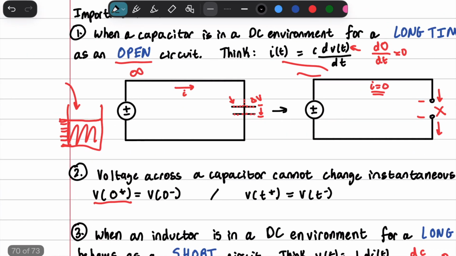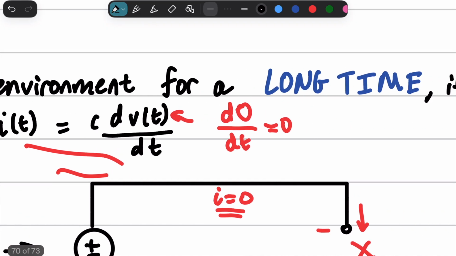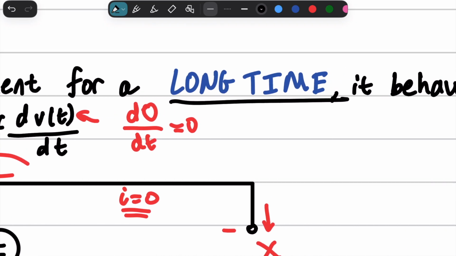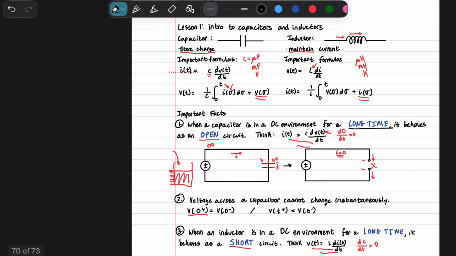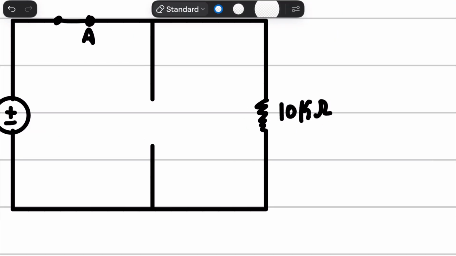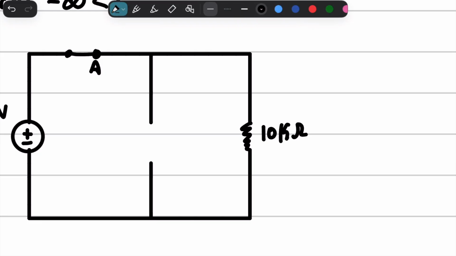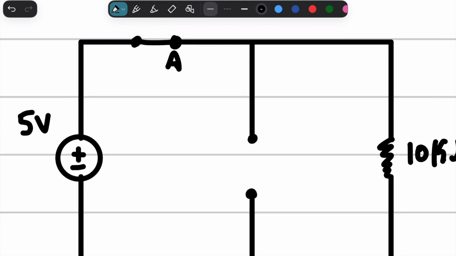Remember how one of the important facts is when a capacitor is in a DC environment for a long time, well, negative infinity to t is a pretty long time, it behaves as an open circuit. So then that means what was once here a capacitor is now just an open circuit, okay? And I'm going to just label this right here as being the capacitor. I'm not really going to write anything there.